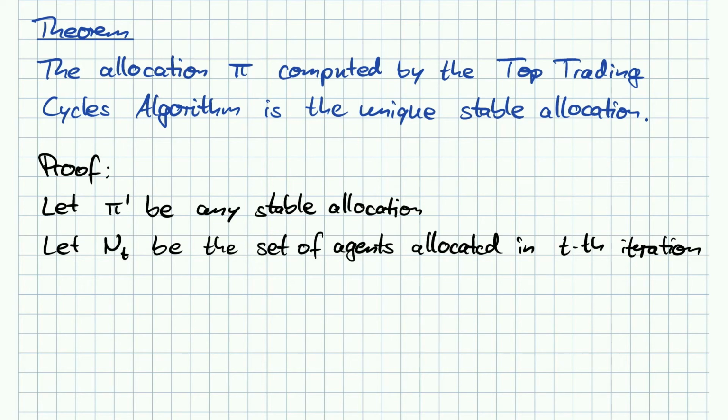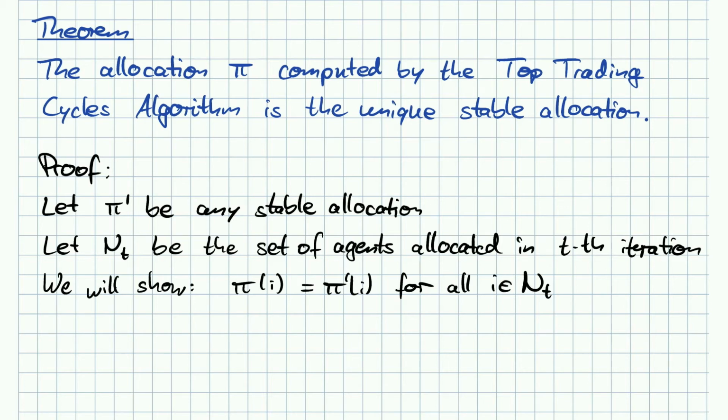Now what we'll do is we will show that pi of I is equal to pi prime of I for all I in nt, and this holds for all t via induction on t.